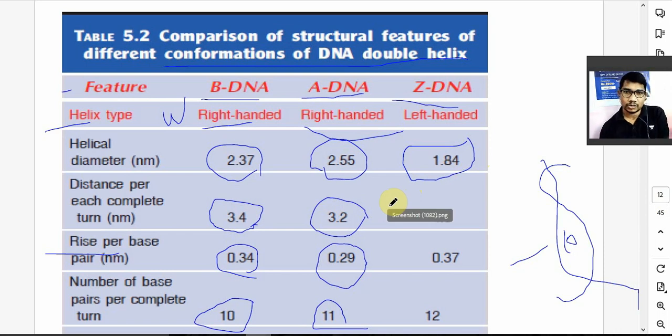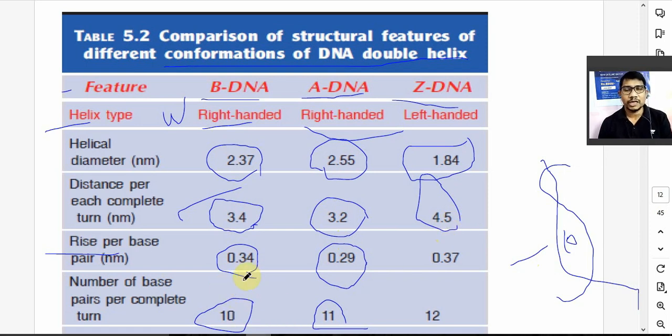The distance between each complete turn, the distance of each groove, is 4.5 nanometer or 45 angstrom. See, for BDNA the distance of the major groove is 34 angstrom or 3.4 nanometer. For ADNA it is 32 angstrom or 3.2 nanometer, and for ZDNA it is 45 angstrom or 4.5 nanometer. So the ZDNA group is much bigger.